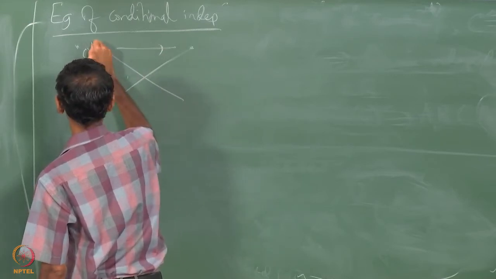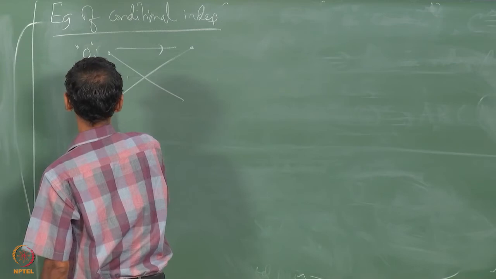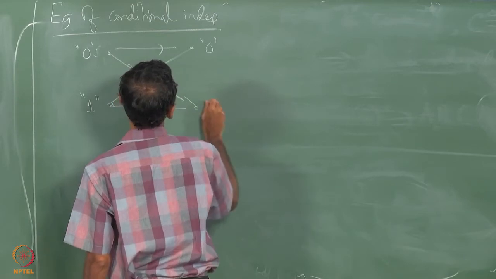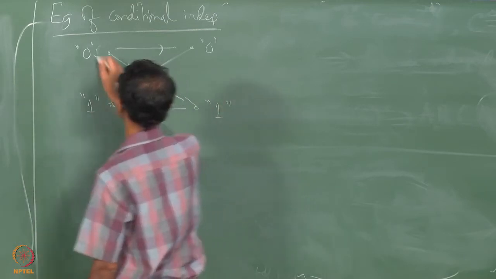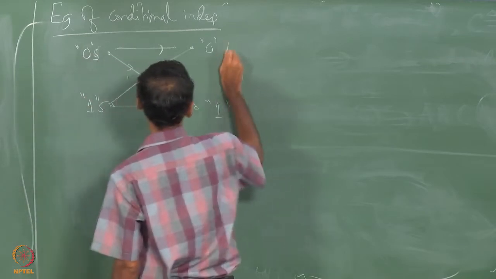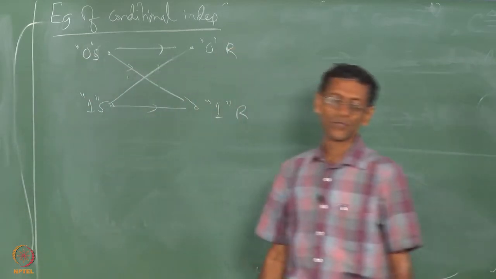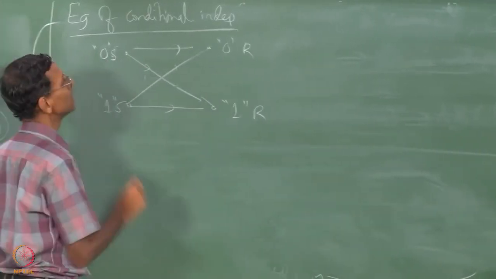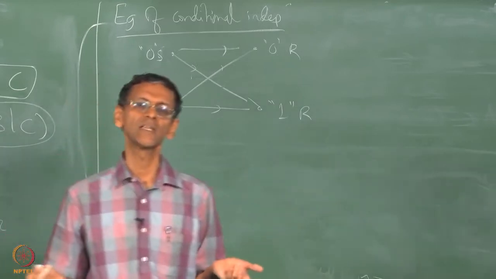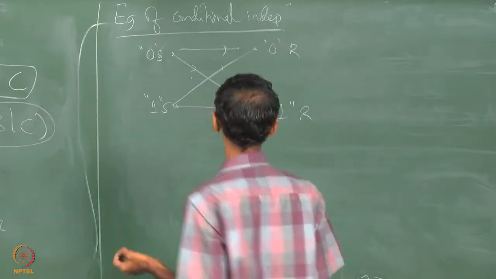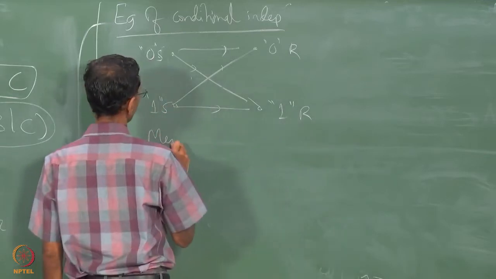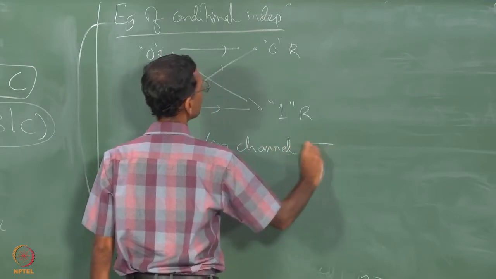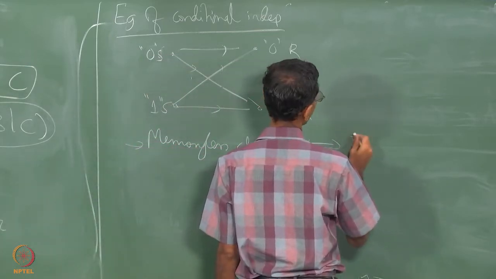Let us say this is 0 sent and 1 sent, and 0 received and 1 received. It turns out that in many cases the memoryless channel means that successive transmissions are independent.